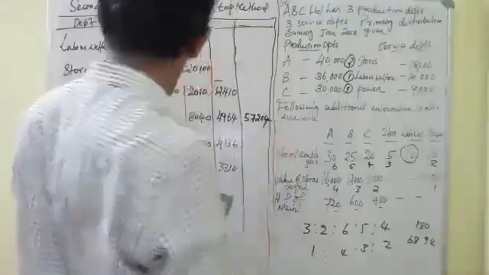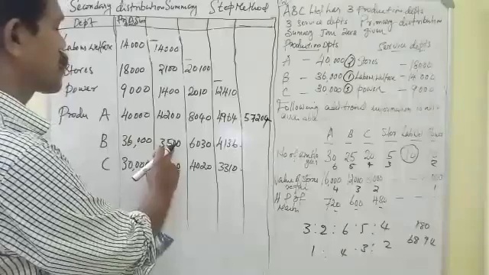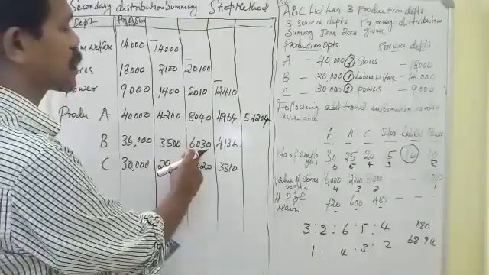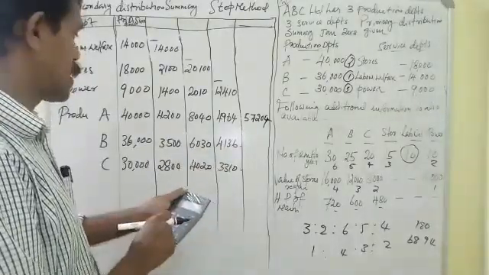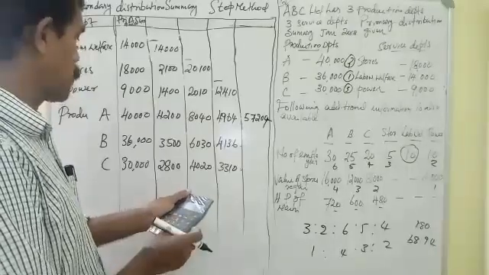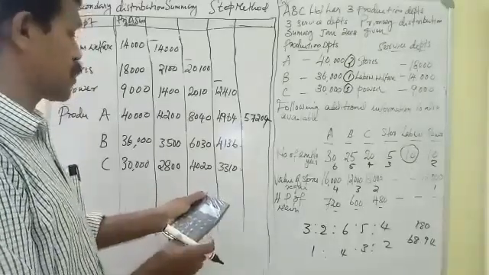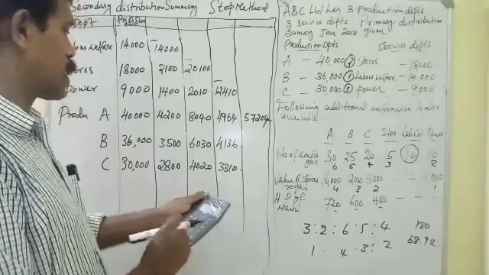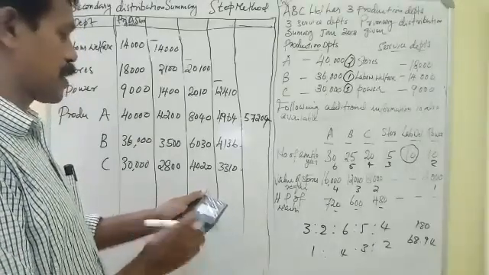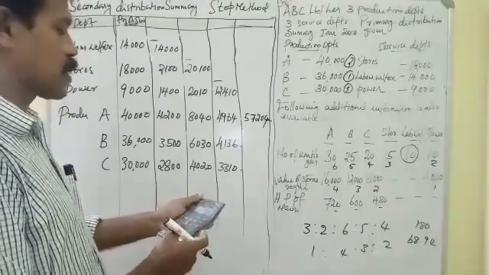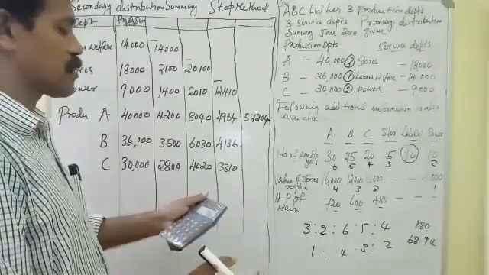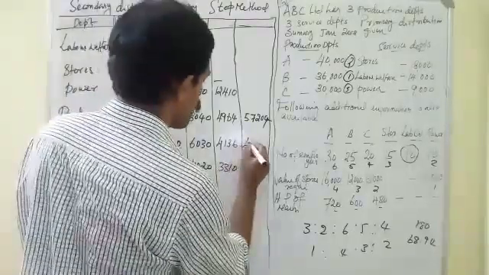Then for our B, 36,000 plus 3,500 plus 6,030 plus 4,136, that's equal to 49,666.